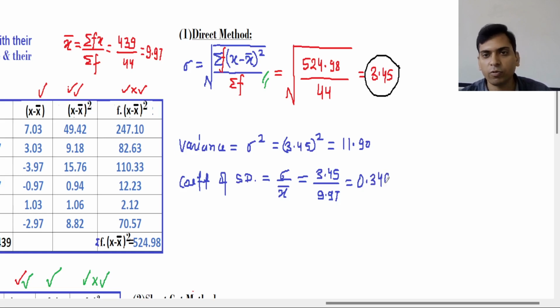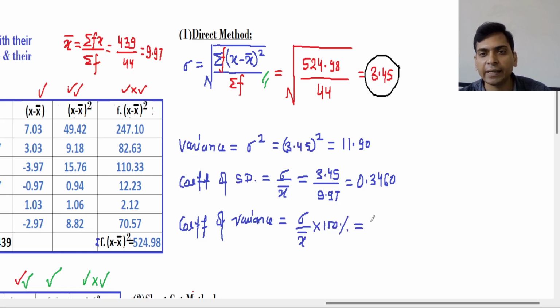This is 0.3460. And now we will write the coefficient of variance. What is the coefficient of variance? This is the coefficient of SD, sigma upon x bar, multiplied by 100%.